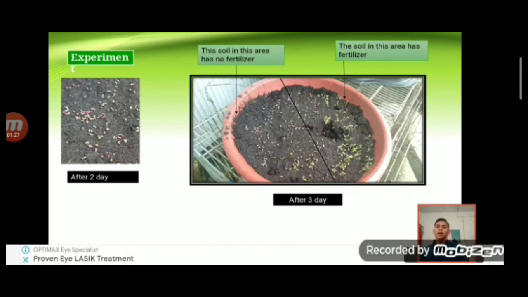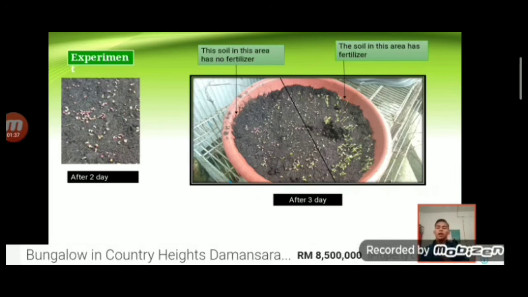As evidence, the plants in the area of fertilized soil are larger compared to the plants in the soil that is not fertilized. Meaning the plants on fertilized soil are fresher than the plants on the soil that is not fertilized.